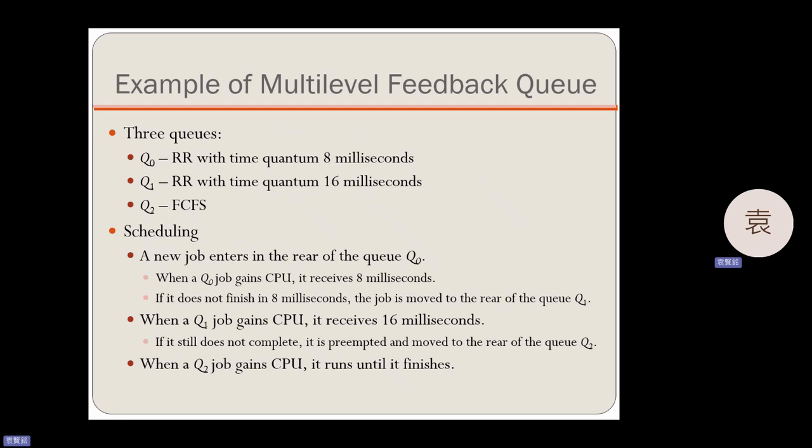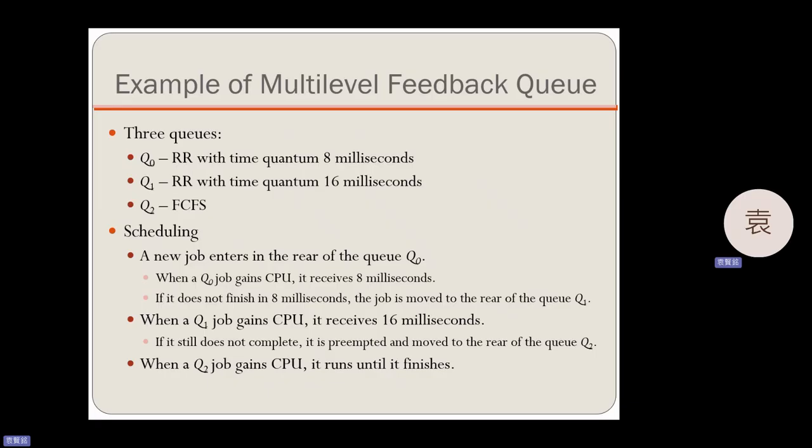And the last queue, Q2, is first come first serve. Initially all the newly created processes enter Q0. So we don't need to classify, and we put it into the rear of Q0.